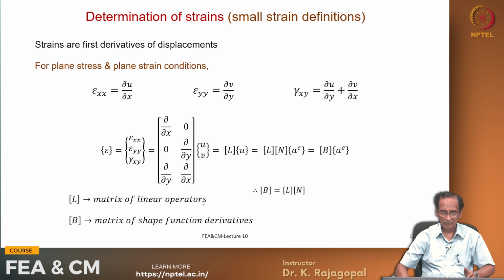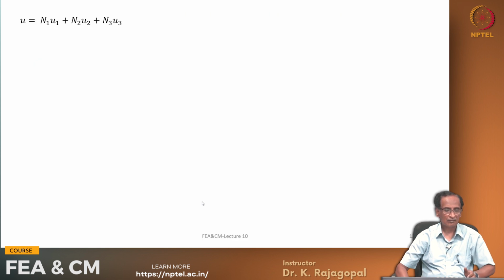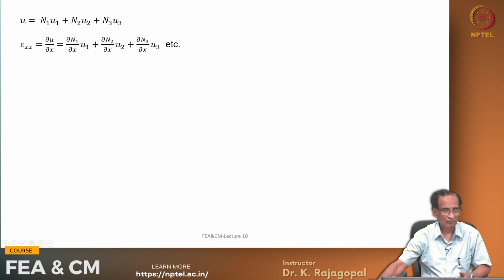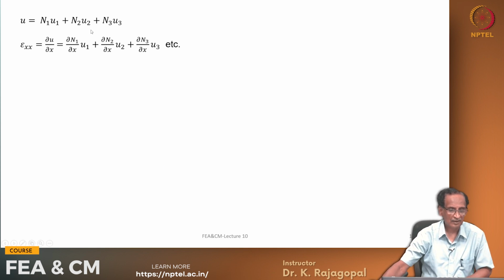And B is L times N, and our u is N1 u1 plus N2 u2 plus N3 u3, and our epsilon xx you can write as dou u by dou x, that is dou N1 by dou x u1 plus dou N2 by dou x u2 plus dou N3 by dou x u3.